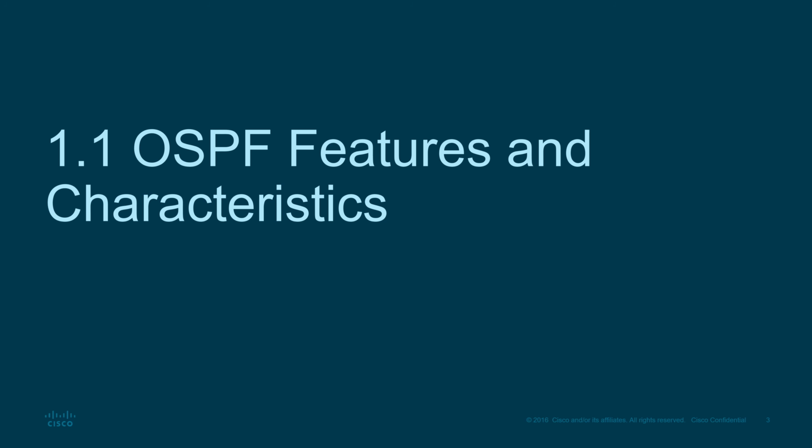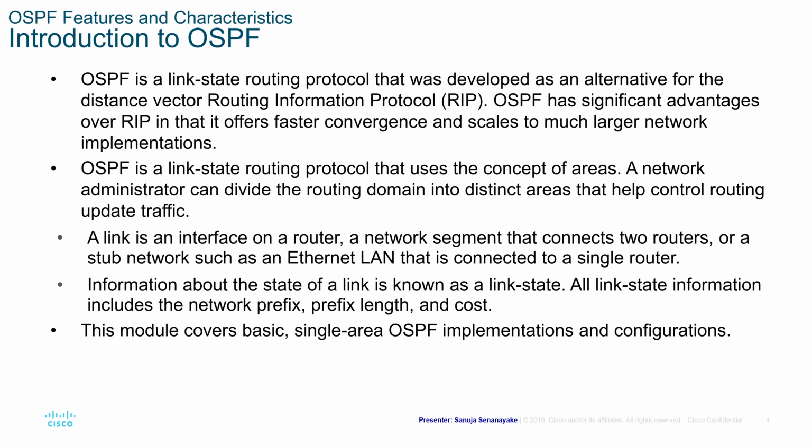OSPF features and characteristics. So OSPF stands for the Open Shortest Path First protocol, which is a family of IP routing protocols, and it is an interior gateway protocol, also known as IGP, for the internet, which is used to distribute IP routing information throughout a single autonomous system, also known as AS, in an IP network.